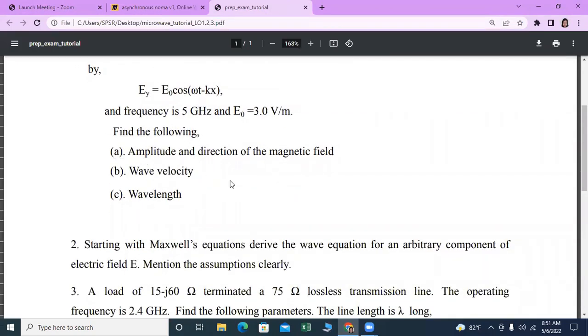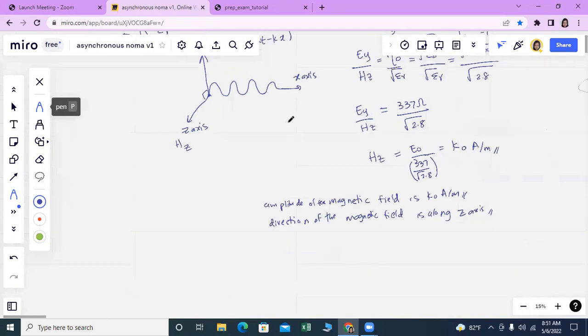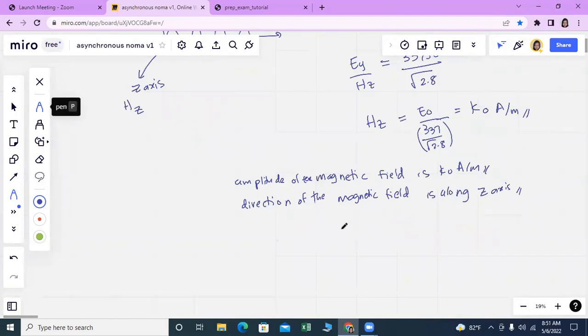Then we have to find the wave velocity and the wavelength. How do you find the wave velocity? We have a certain equation. We know that in a vacuum, the velocity of the electromagnetic wave is c, the speed of light. For a medium, the velocity of the wave would be c divided by the square root of epsilon r.